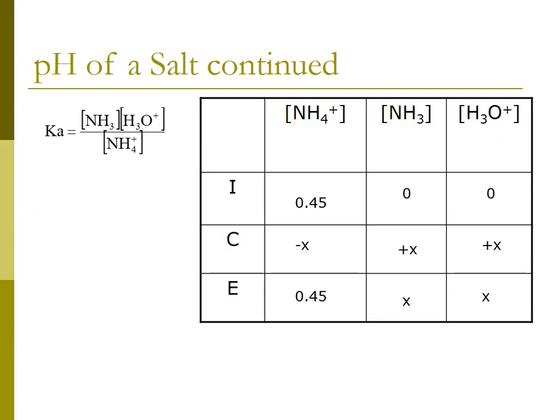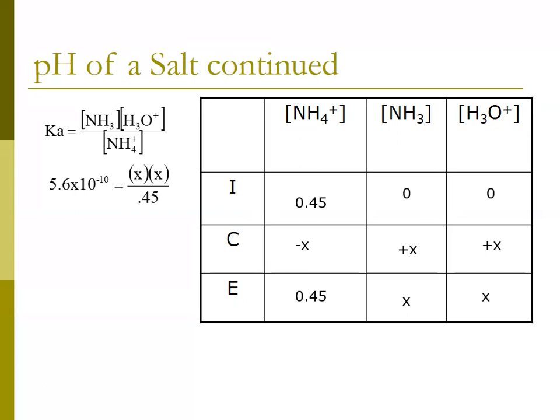So now I'm ready to plug that into my Ka expression. Ka is what we found. We found Ka by doing Kw divided by Kb. And so it's 5.6 times 10 to the negative 10th. That was the last thing.